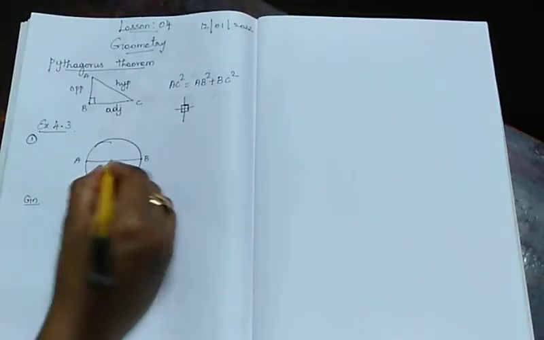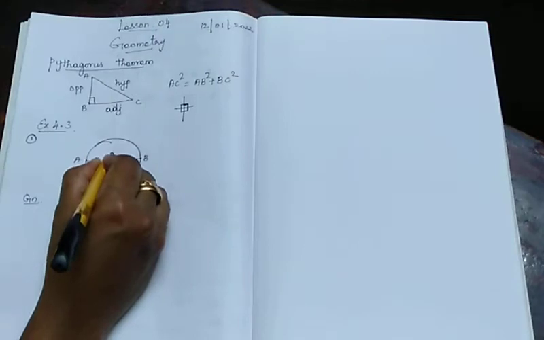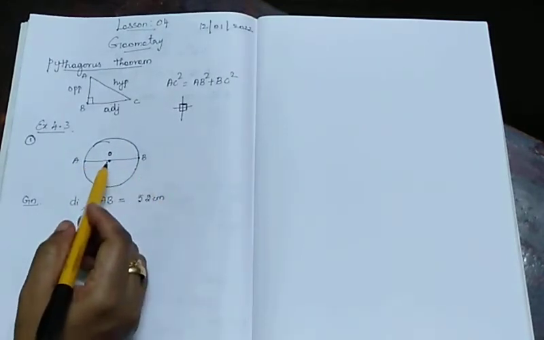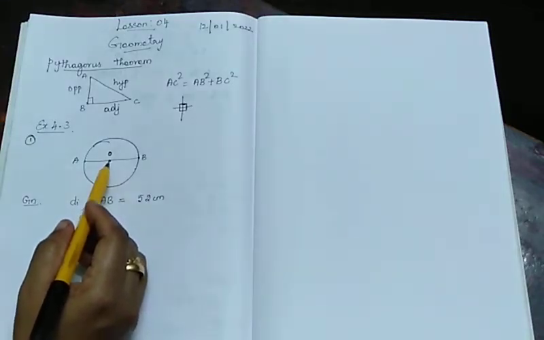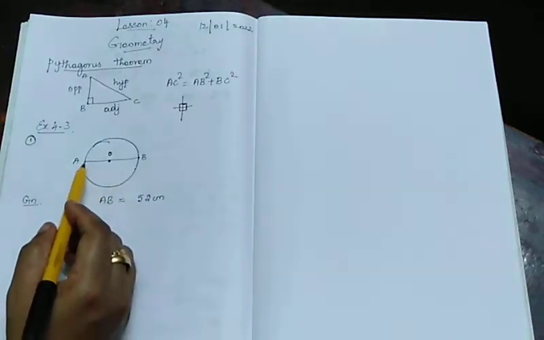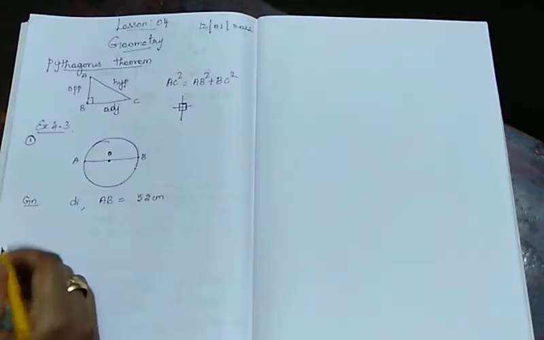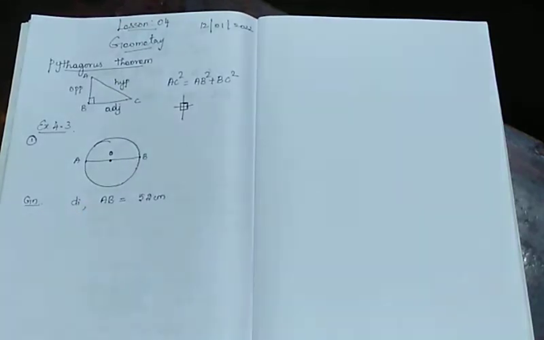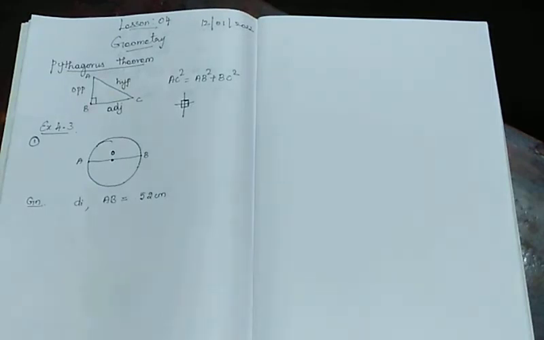Let the center point be O. A line touching both boundaries through the fixed point is the diameter. If it joins the fixed point and one boundary point, it is called a radius. The diameter is given, so how will you find the radius? We learned that half of the diameter is the radius.